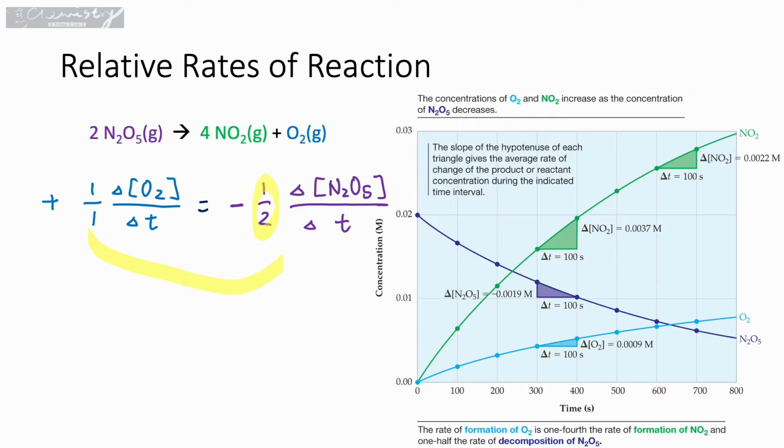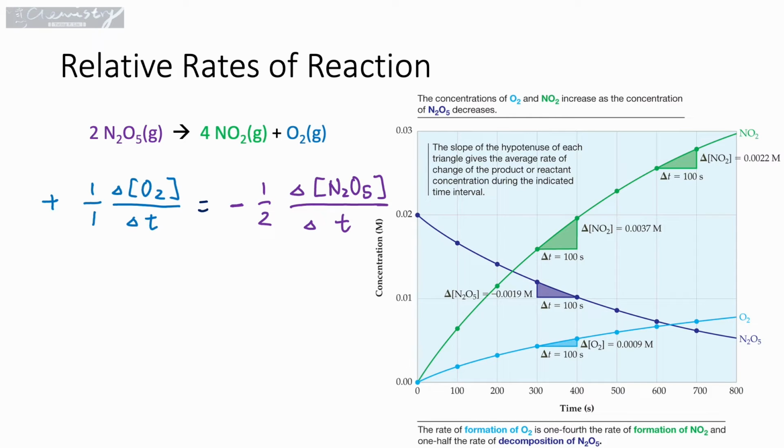And then, again, the positive and negative sign is not numerical. It does have a physical meaning, to indicate how the concentration is changing. So then, we can also re-express this.